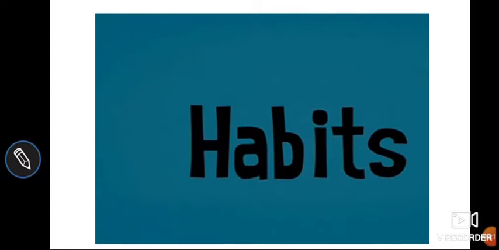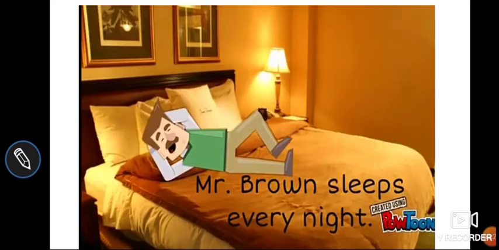Now simple present tense is also used to talk about habits. Like for example, Mr. Brown sleeps every night. Or I wake up at 7 o'clock every day. Now, this is something which is talking about a habit.